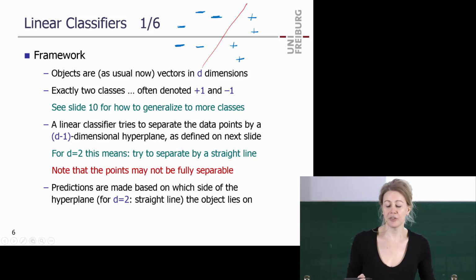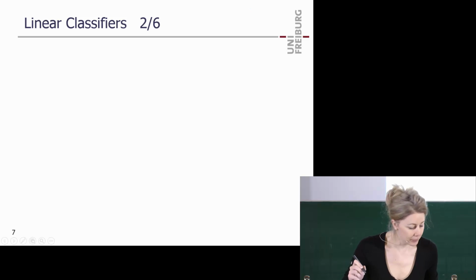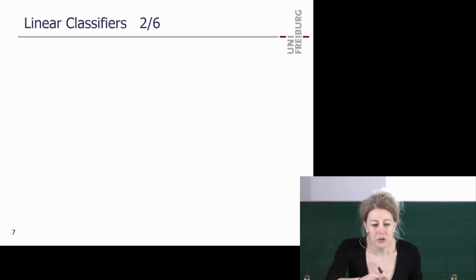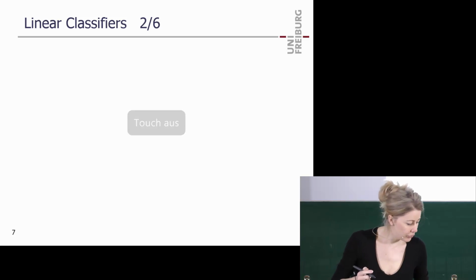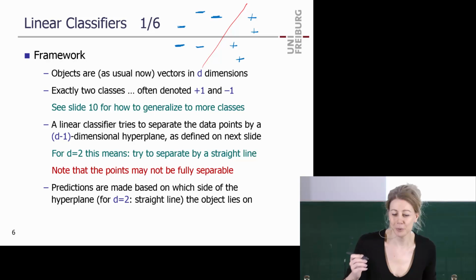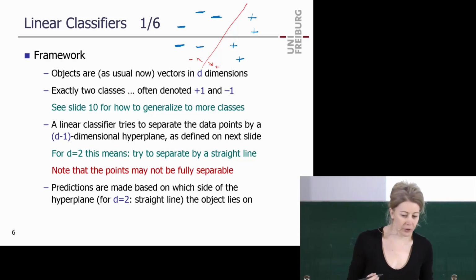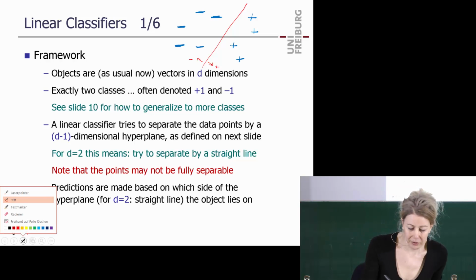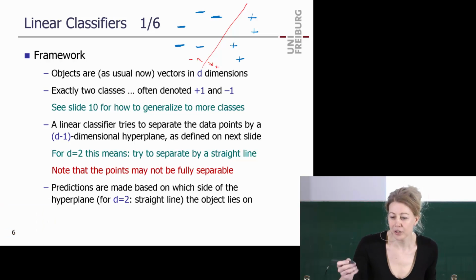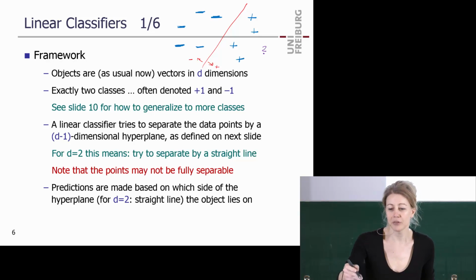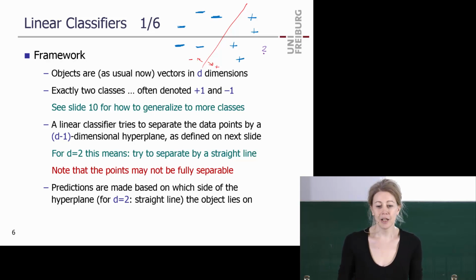Then I might choose this line, yeah? So now here on this side it's plus, and on this side it's minus, right? That's how linear classification works in 2D. So if I have a point here, what is it? It's a plus because it's on that side of the orange line, right?